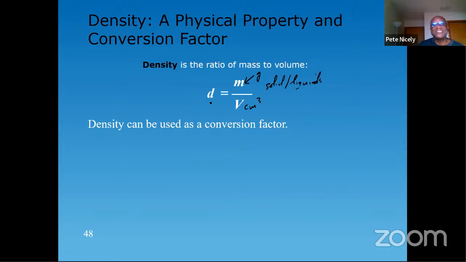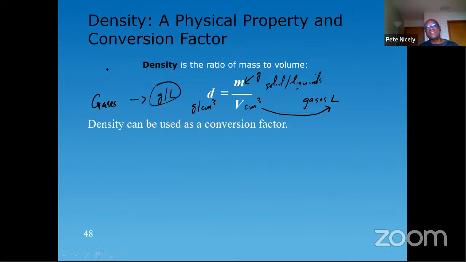So therefore, the density would be expressed in grams per centimeters cubed, all right? However, for gases, instead of using centimeters cubed, we use liters for the volume, which means that the density in this case is expressed normally in grams per liter. So these are the units typically for density if you're dealing with gases, all right?